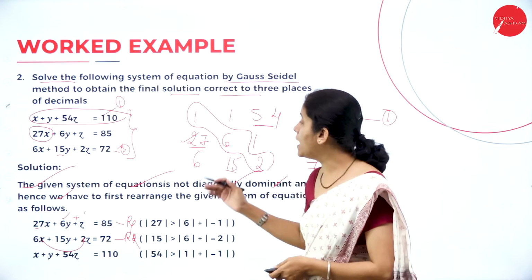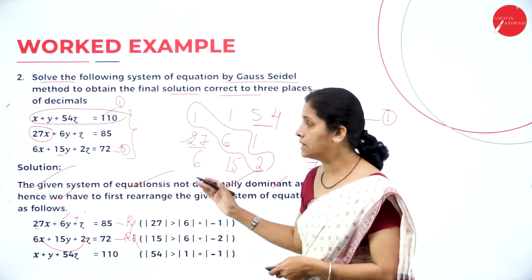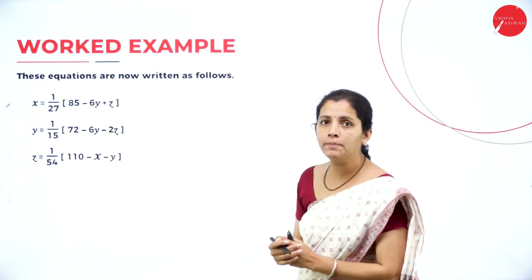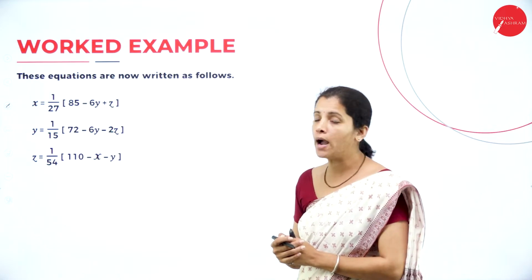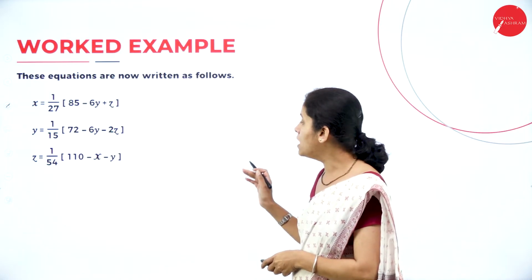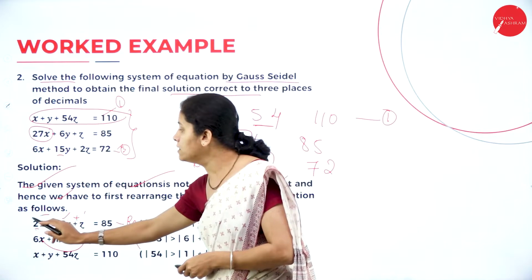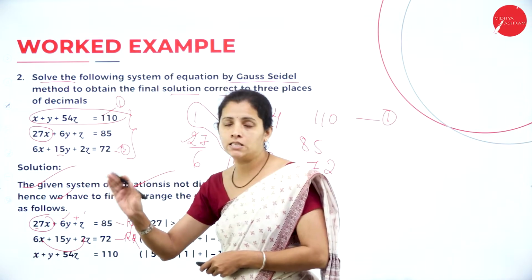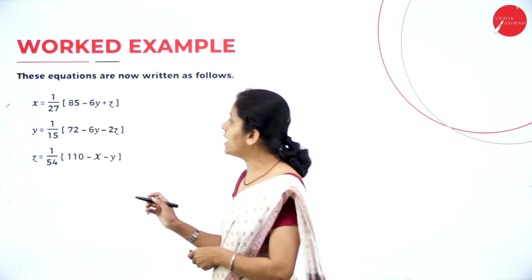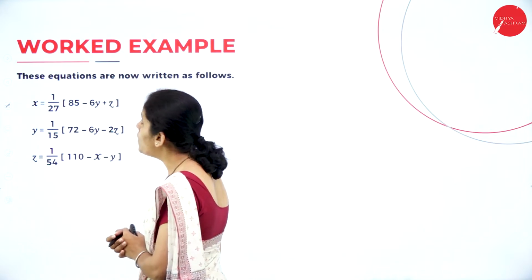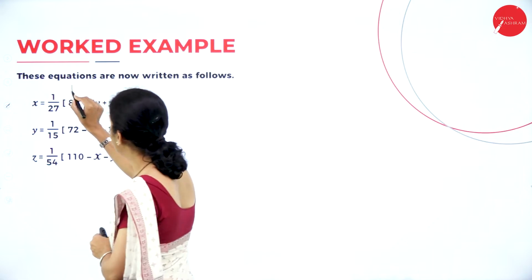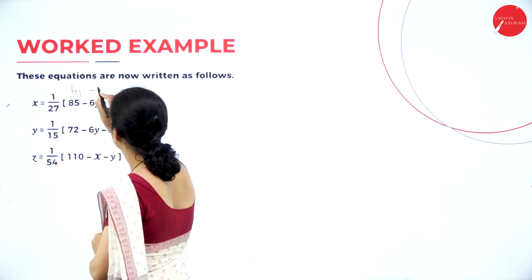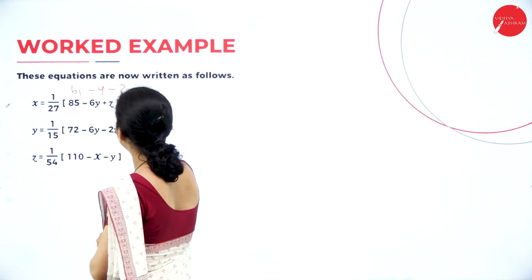Now I am going to apply the Gauss-Seidel method. According to the Gauss-Seidel method, first I want to find the x value. So I am going to bring this 27x outside. So I'll write x equals 1 divided by 27, then this is my b1 minus y minus z.